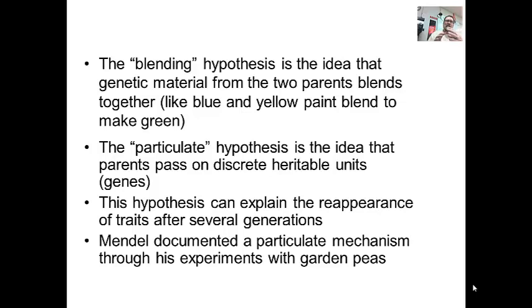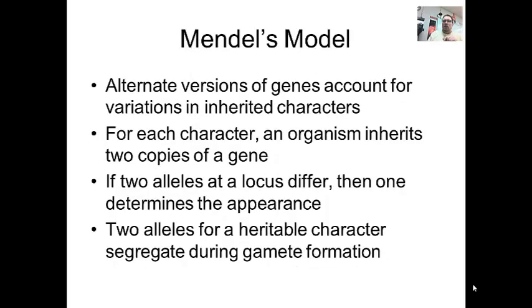Very much like John Dalton in his first theory of the atom, without being able to see the atom or having the technology to narrow down anything about it, he did a pretty good job of coming up with a model, as Mendel did for a method of transmission of what he called heritable traits.